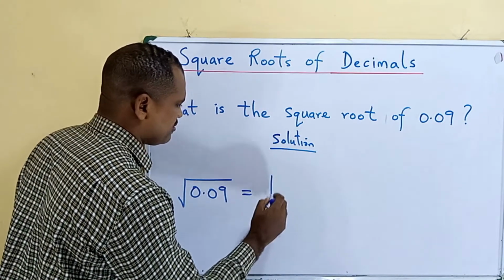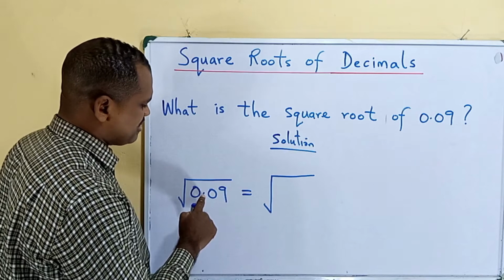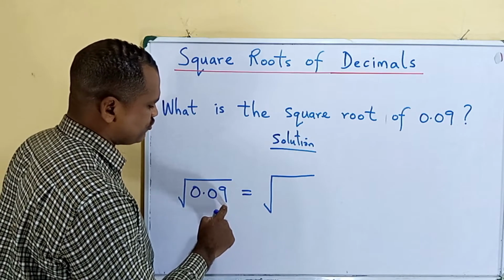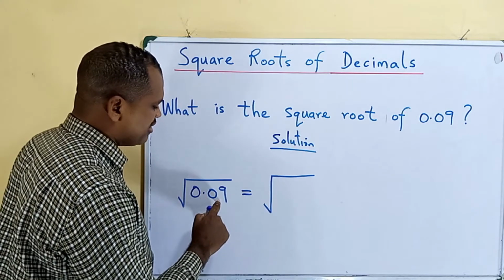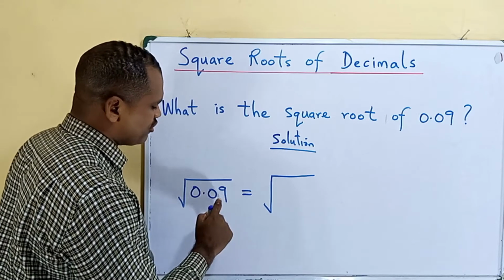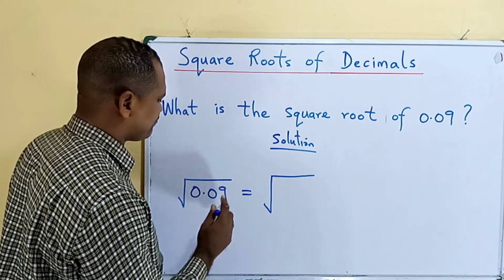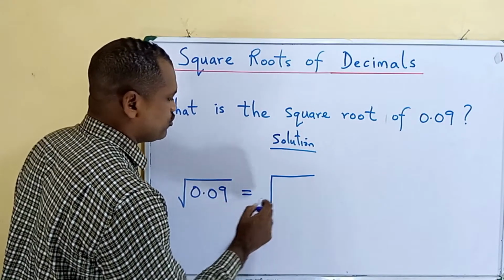So you move this decimal point, 1, 2. You move the decimal point, you let it jump, let it move until it crosses the last digit, or you move to the right. So 1, 2.